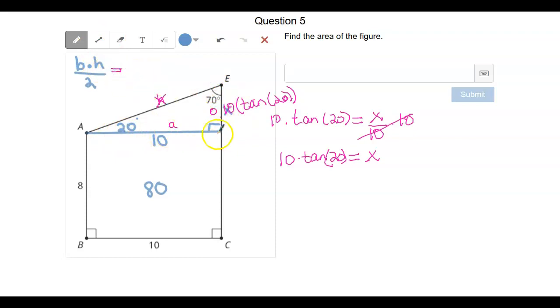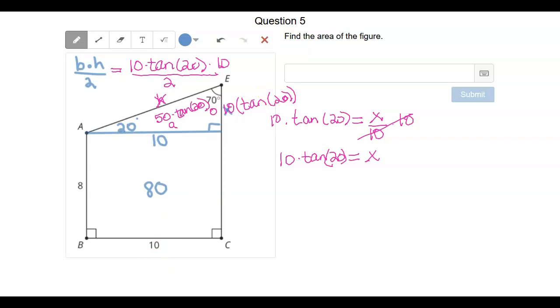So the base is this 10 times the tangent of 20 times the height, which is 10, and then we're dividing that by 2. So 10 times 10 is 100. 100 divided by 2 is 50. So the area up here is 50 times the tangent of 20.